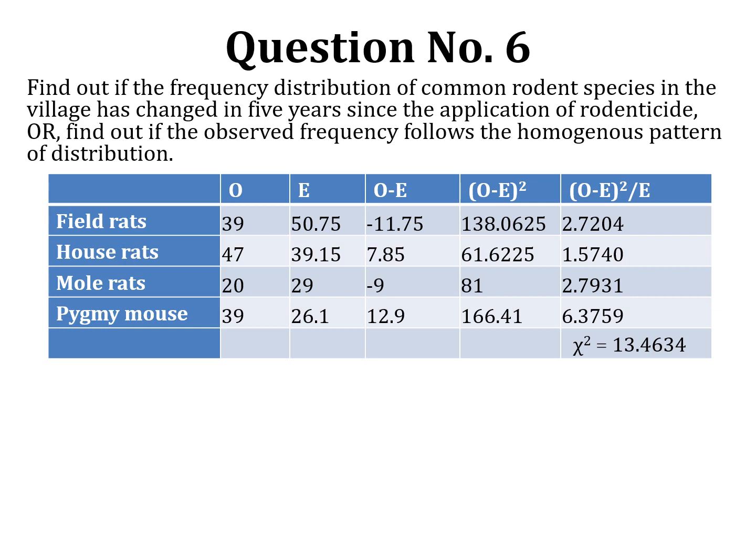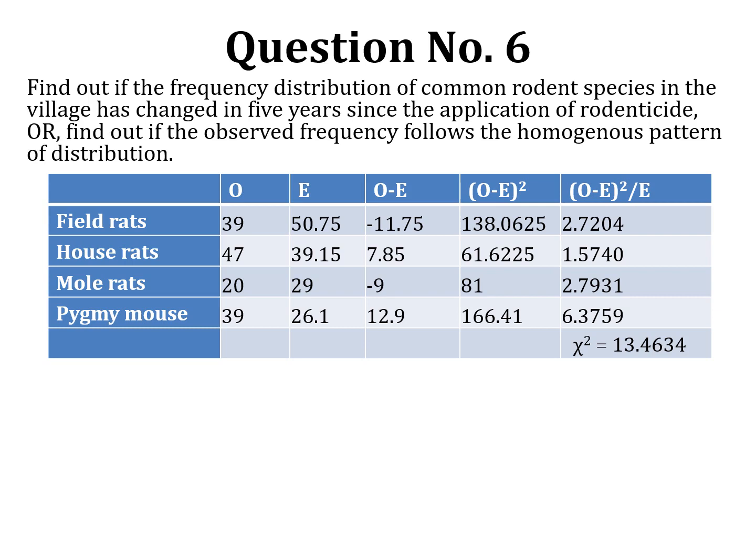And then the next answer is 2.7931, in which 81, which is the square of difference for mole rats, is divided by 29. And then we have 6.3759, which is obtained after dividing 166.41 by 26.1, and these are the values for the pygmy mouse.